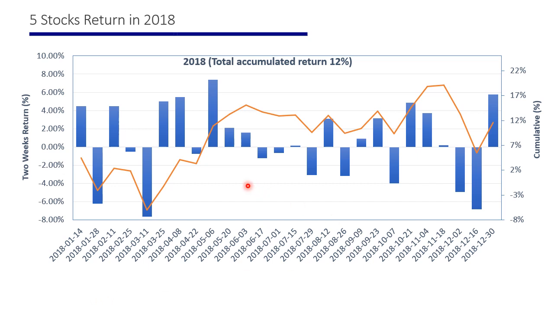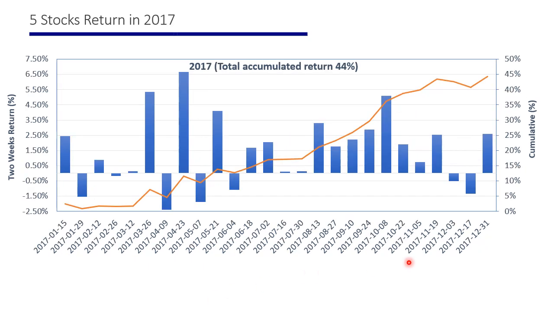However, as you see, at the end of the year, the return of this method was positive and reached something close to 12%. The minimum was something close to -8%, which happened in March, and the maximum was close to 7%, and it happened in May.